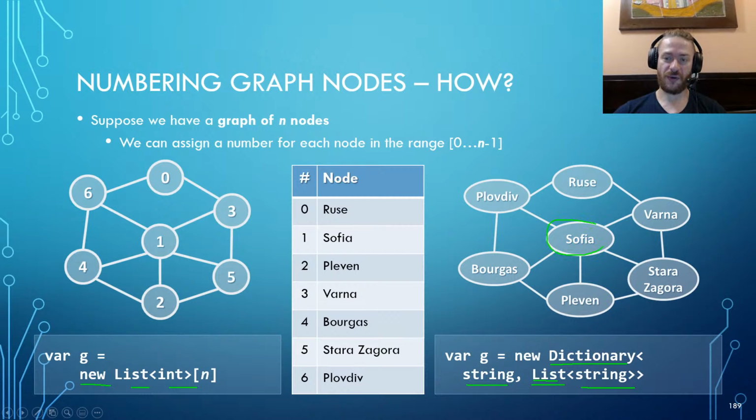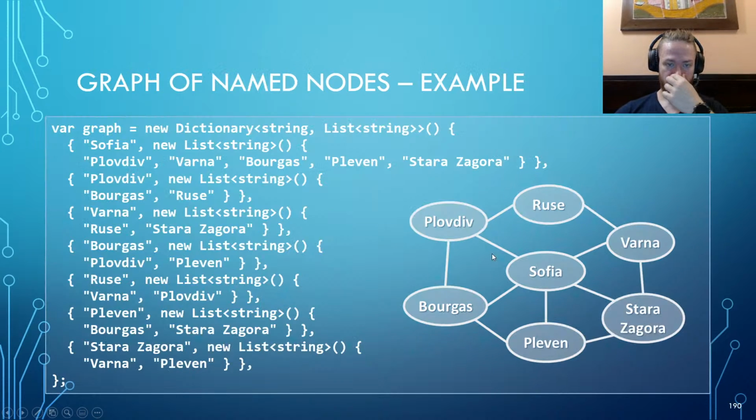This means that Sofia will have a list of all its connections. Sofia will have a list of Varna, Plovdiv, Burgas, Pleven, and Stara Zagora. That's the case here. Here is an example, not sure how readable that is, but essentially this stores the graph in a dictionary of string to list.